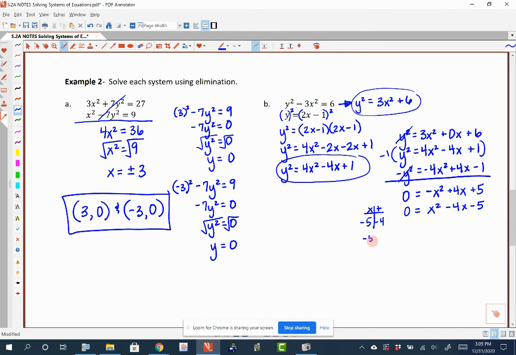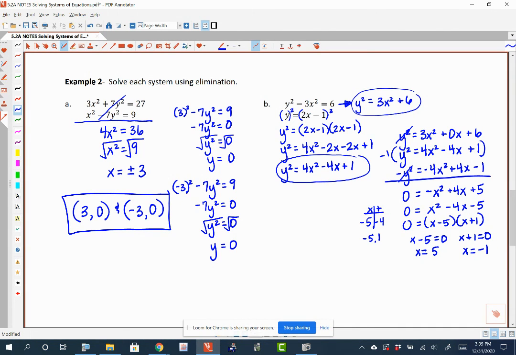So negative 5 times 1 should work for this. So that means we have two factors. We have x minus 5 and x plus 1. And both of those can be set equal to 0 and solve for the x value. So x value of 5 and an x value of negative 1.